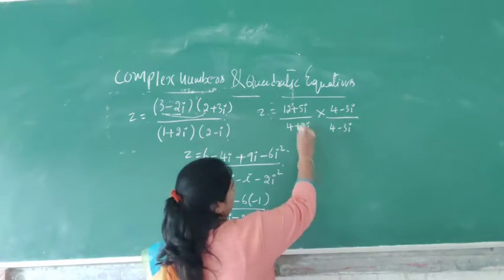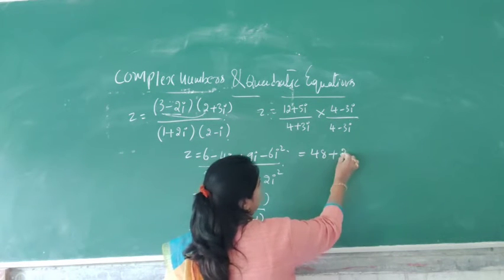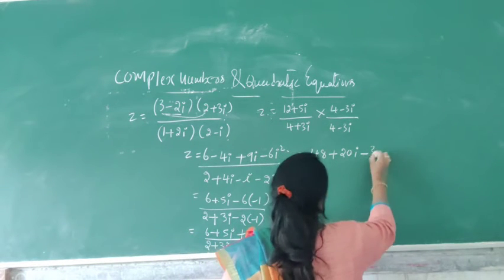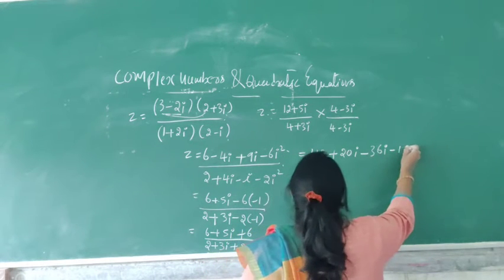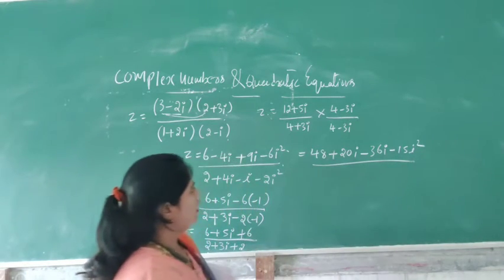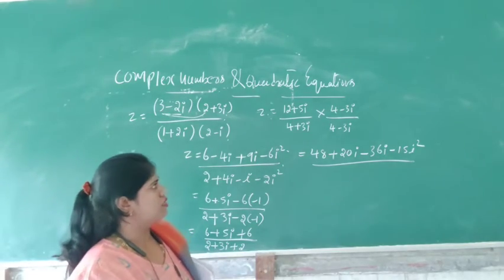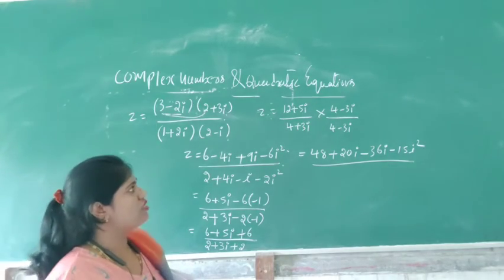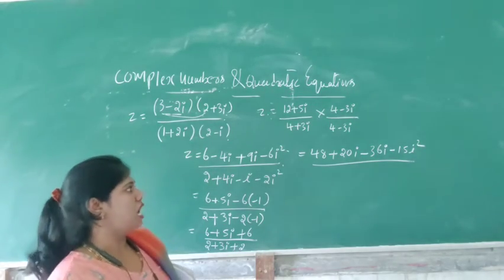So which is equals to 12 fours are 48, plus 5 fours are 20i, minus 36i, plus into minus minus 15i square. 12 fours are 48, plus 5 fours are 20i, minus 36i, plus into minus minus 5 3s are 15, i into i is i square.